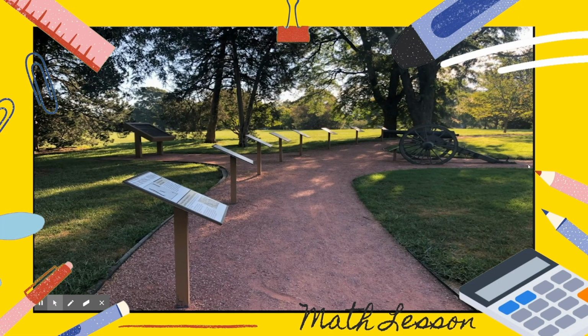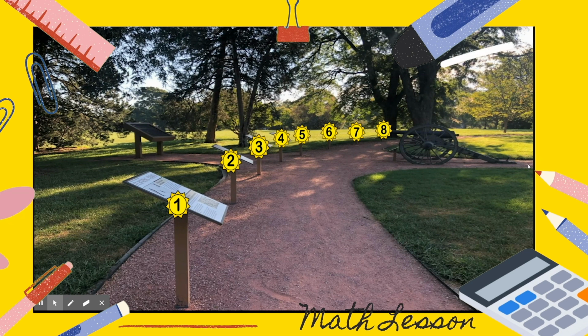Let's see if you can find them all. 1, 2, 3, 4, 5, 6, 7, 8, and one more. There it is in the background. 9. There are 9 plaques on the trail that you can read.